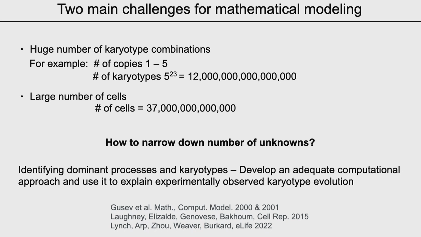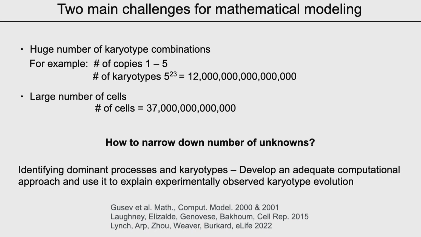And in the case of 23 chromosomes, it's very simple mathematics, 5 to the power of 23, and we are now dealing with quadrillions of combinations. This is an extremely big number of combinations, and for me, a theoretician, this means also a number of possible free parameters. For experimentalists, it means that you will need quadrillions of students to analyze all these karyotypes. So it's not doable.